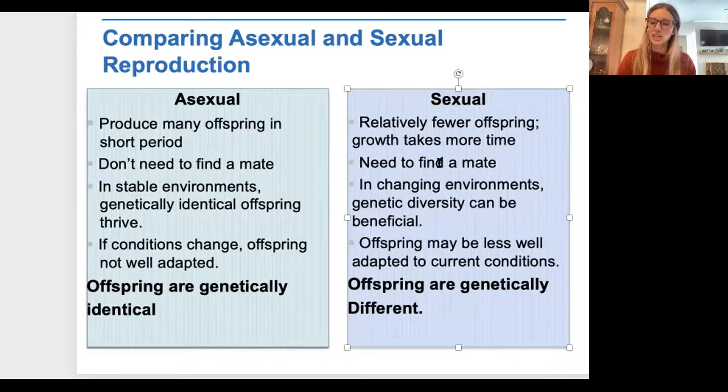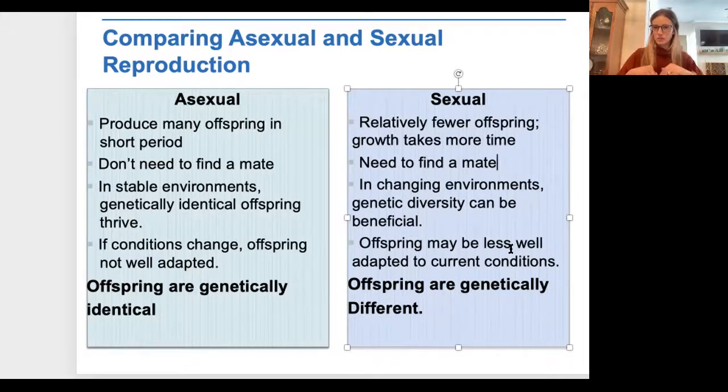Okay. In changing environments, genetic diversity can be beneficial. So because you have DNA coming from egg and DNA coming from the sperm, you're going to get genetically diverse offspring, whereas in asexual, you're basically cloning the same thing over and over again. So in sexual reproduction, offspring may be less well adapted to current conditions.